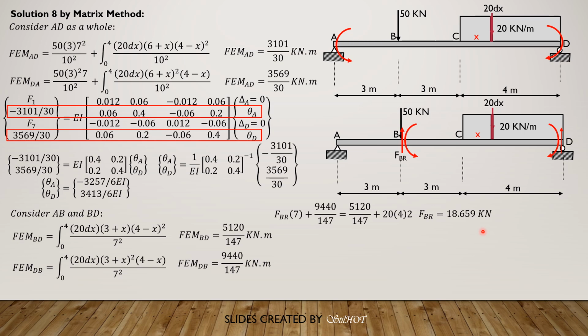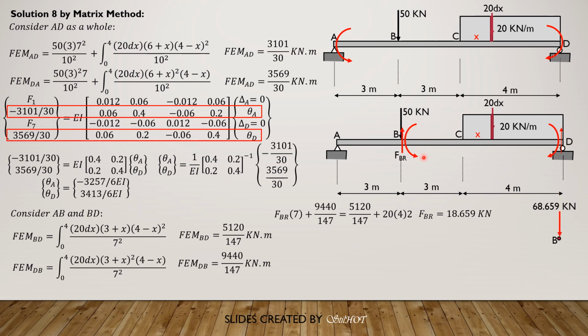Then therefore, the moment or the nodal loads at B, which is marked 3 and 4, would be F3 is 50 plus, because FBR should be applied opposite to the fixed end force. That's the nodal force. So 50 plus 18.659 is 68.659 downward.